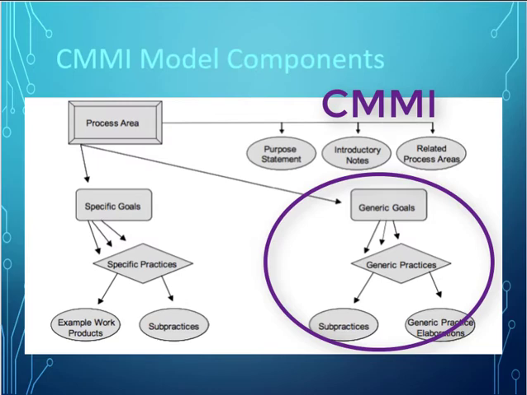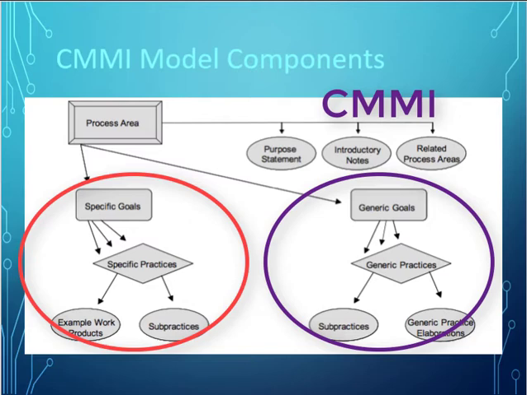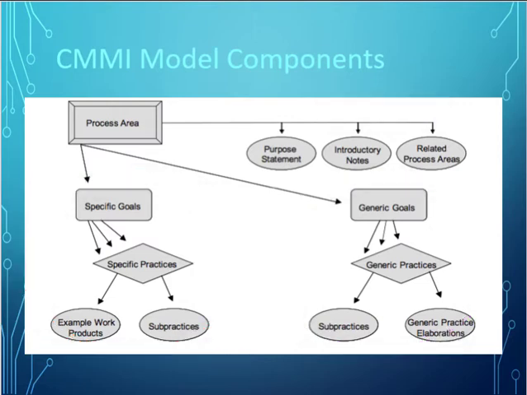And then there are specific goals for the more specific model that you're trying to accomplish. And for each of those goals, they give very specific practices that have to happen and some example work products in the specific goals. So it can be very specific about the structure of what are the things that you need to be worried about in order to achieve that particular level.